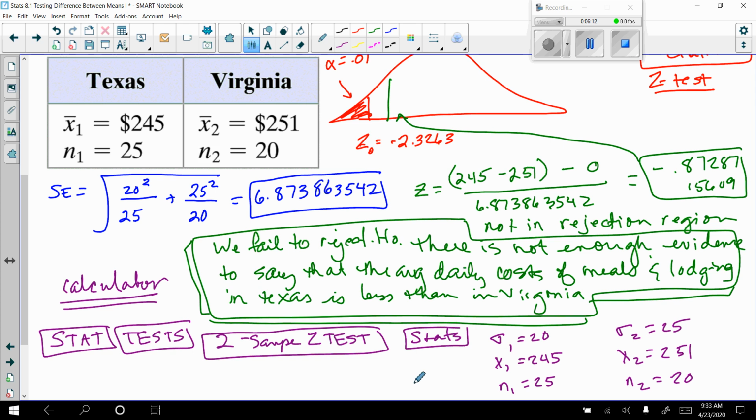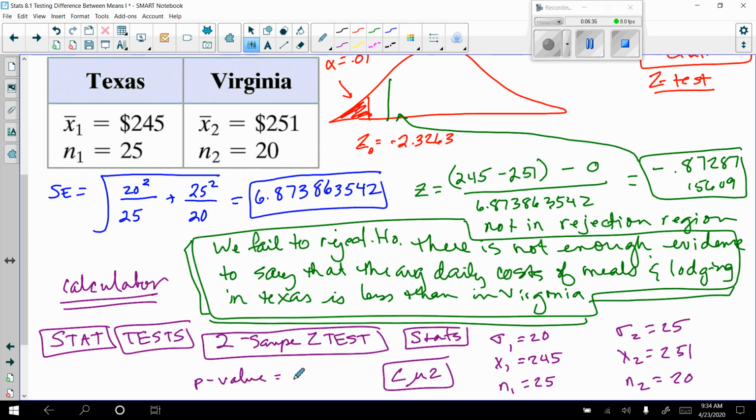Since this is a left-tailed test, you're going to pick that mu1 is less than mu2 from the list, and you're going to get exactly the same results as we show up above here in the red, the blue, and the green. But it will also give you a p-value that will confirm this.